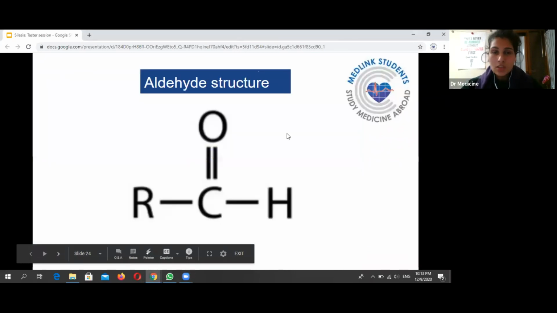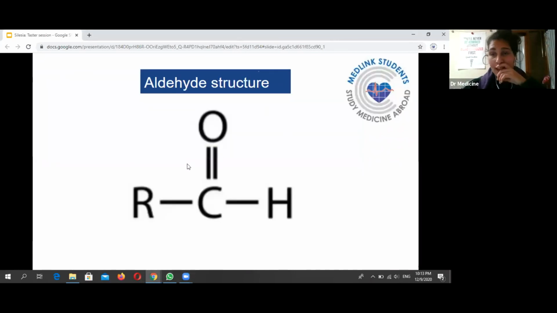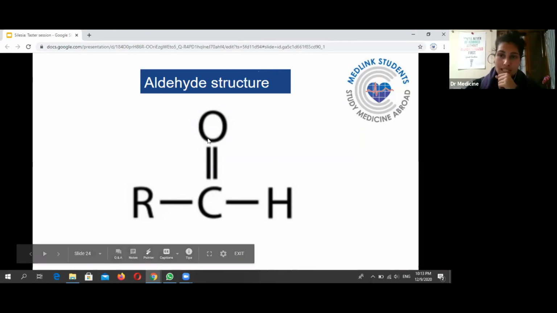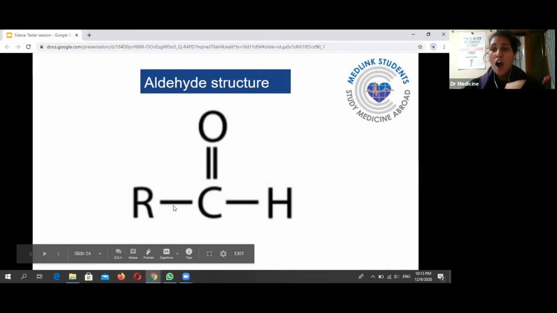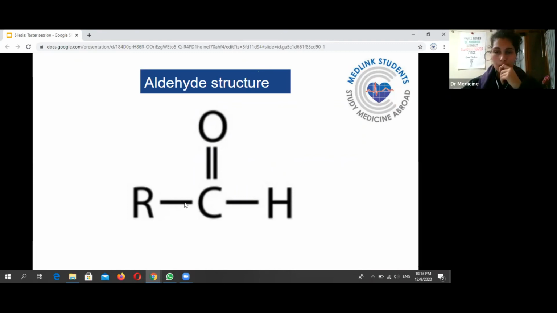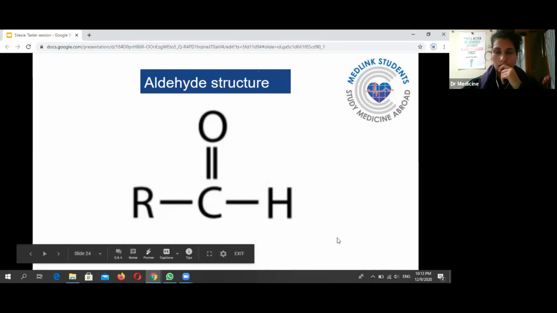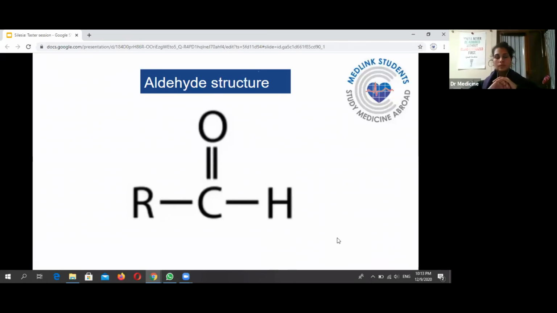Okay, so this is the structure of an aldehyde. This is the double bond attached to the carbon and the oxygen. This is the carbonyl group. We have R. Does anyone know what R represents? So what does R stand for? Okay, R stands for the variable group.